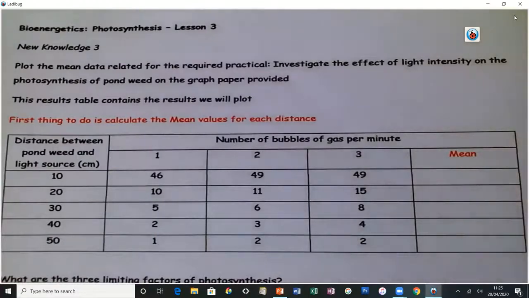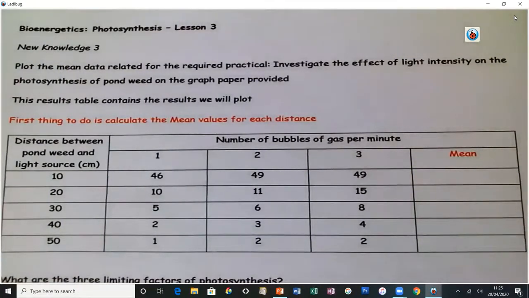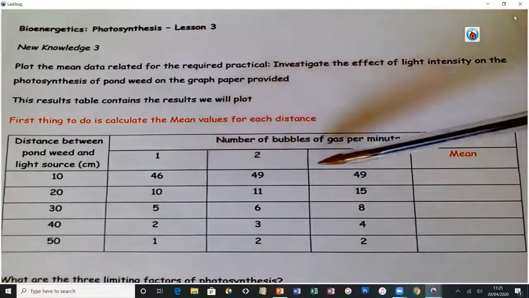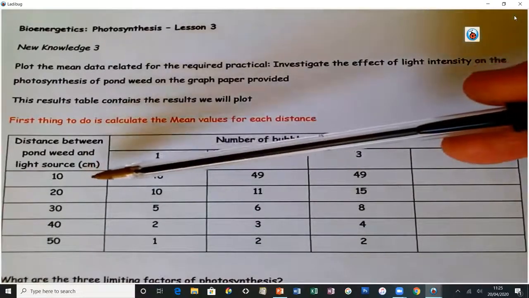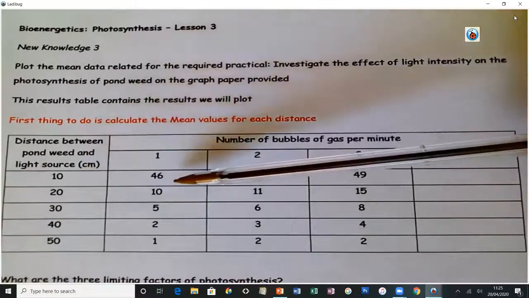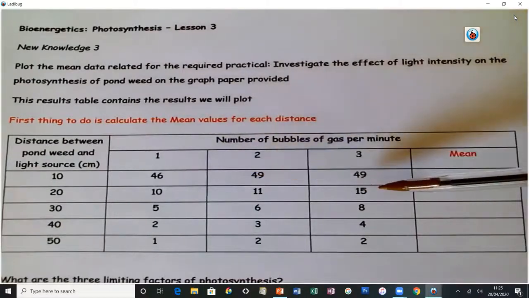So the way we do this, if you remember, to calculate a mean, we add up all the values for that particular distance and divide by the number of values. Well, as you can see, we've got 3 values. For the 10 centimeter distance, we've got 46 bubbles per minute, 49 bubbles per minute, and 49 bubbles per minute.